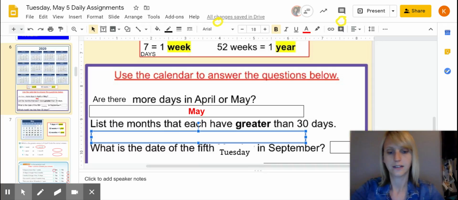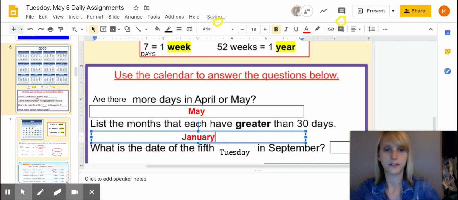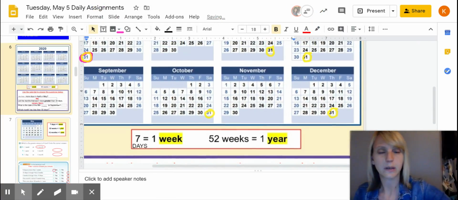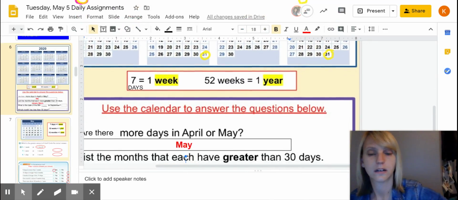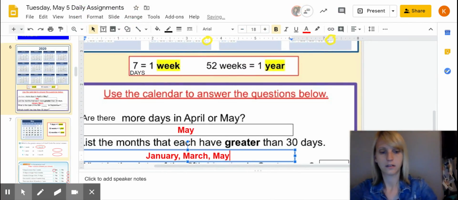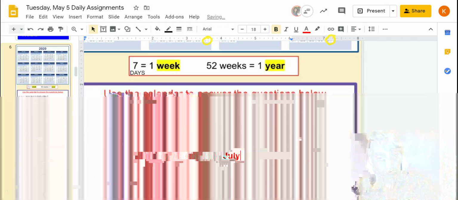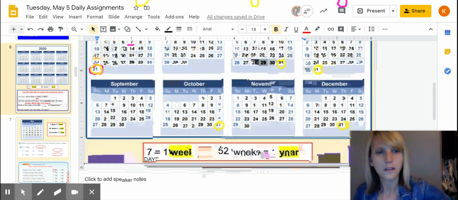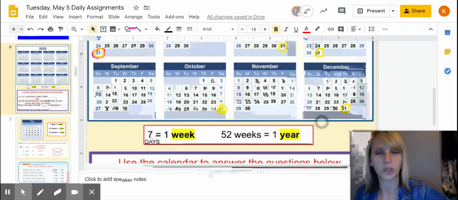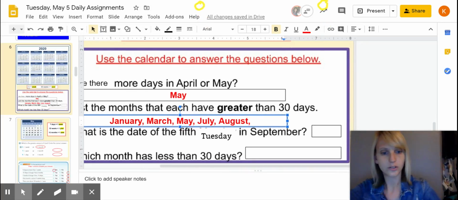It says right here, list. So I saw January, comma, March, comma, let's go back up here, May, July and August, October and December.